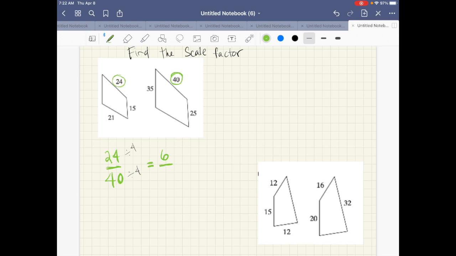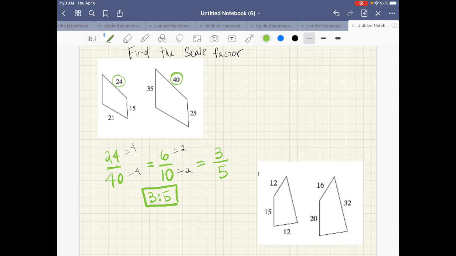And 40 divided by 4 is 10. But it looks like we can still reduce that further. So I'm going to reduce that again. I can divide both of these by 2. And our final answer would be 3 to 5. So this is a 3 to 5 ratio. That's the scale factor.